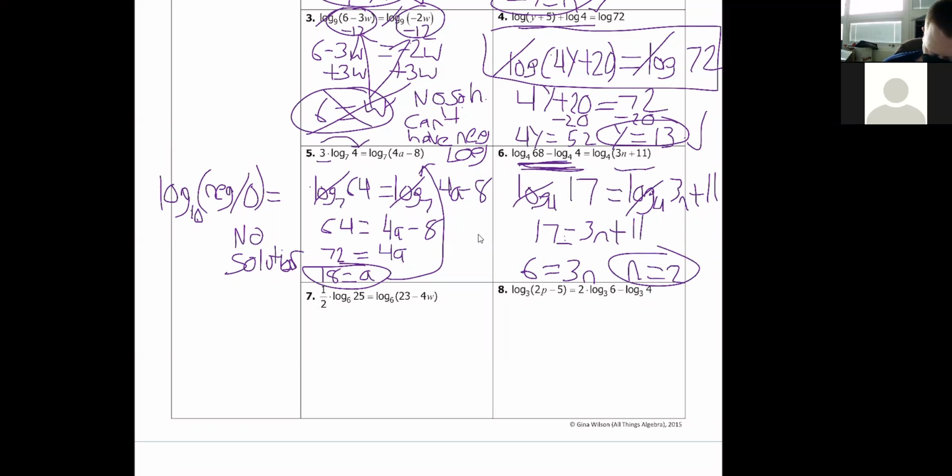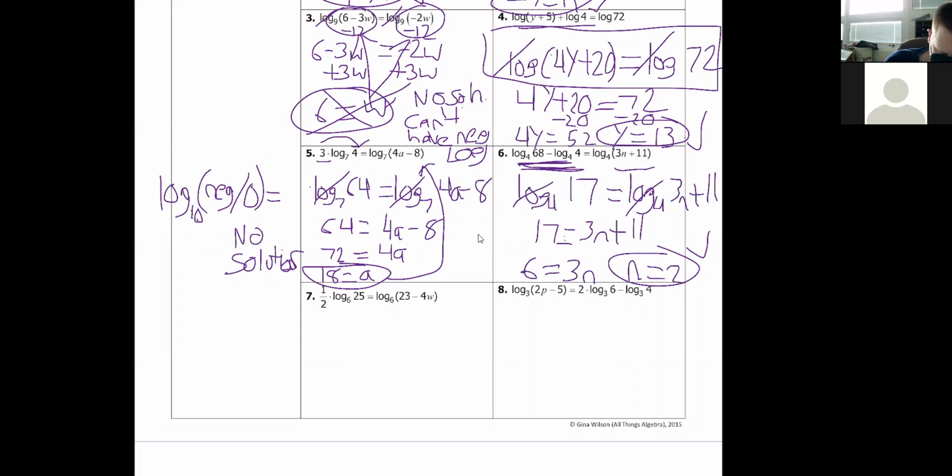Well, if you plug 2 in for here, you're going to get a positive. So this is a good solution. You just want to make sure if you plug that back in, are you going to get a negative or 0? I keep just saying negatives, but remember you also couldn't get 0. So if you plugged it in and you got 0, that would also be a problem. But that works just fine.